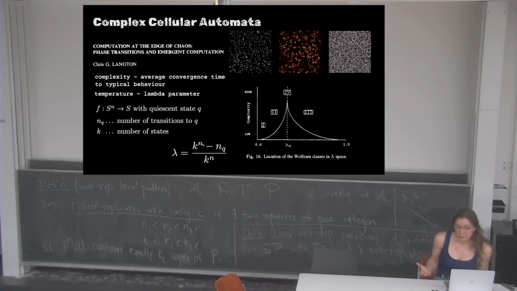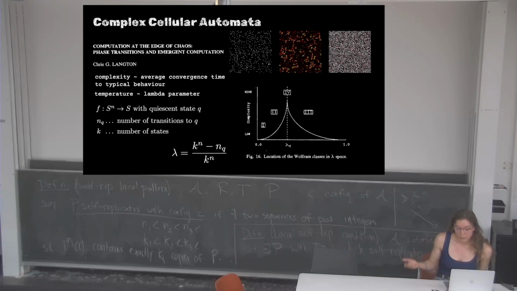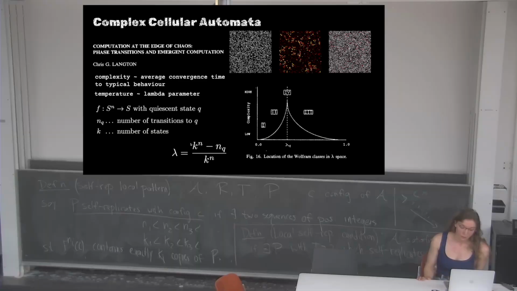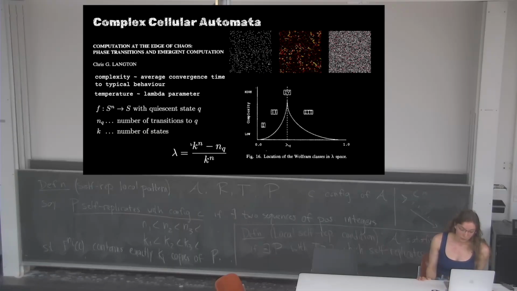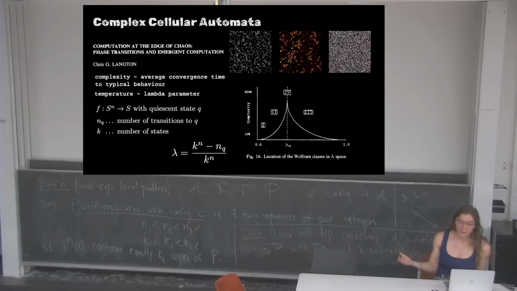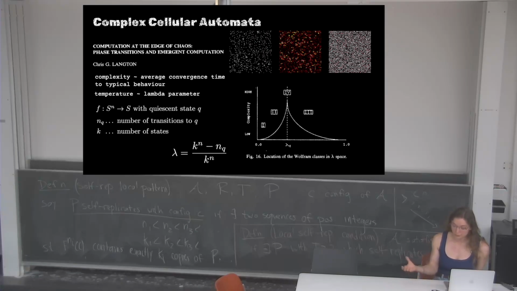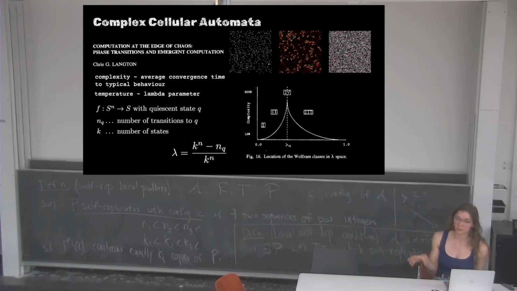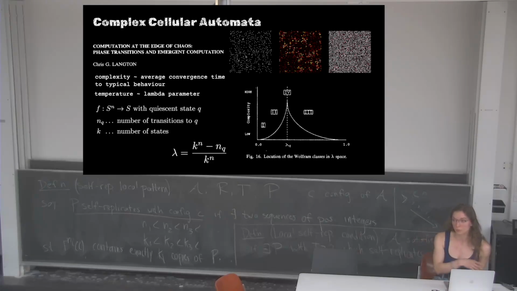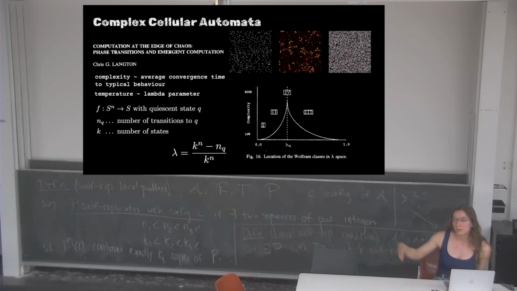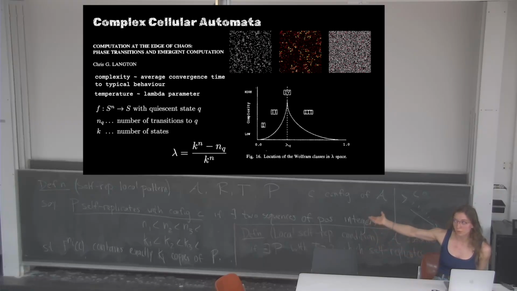So if we have just 2 states, and lambda is 1/2, it means that the actual rule table is balanced. Exactly half of the inputs go to 0 and exactly half go to 1, which is a necessary condition for surjectivity and for other, stronger notions of chaos.